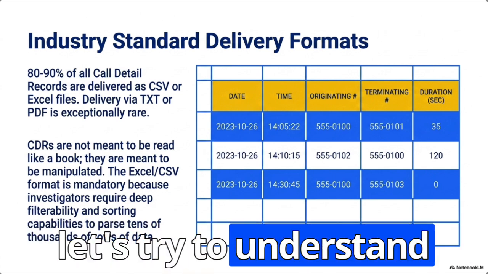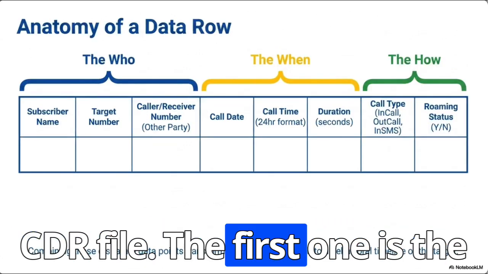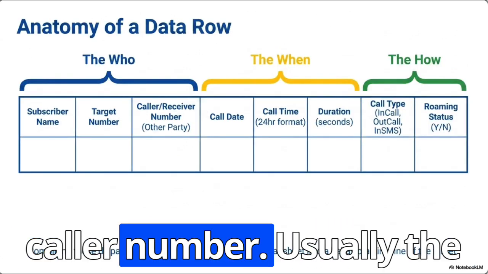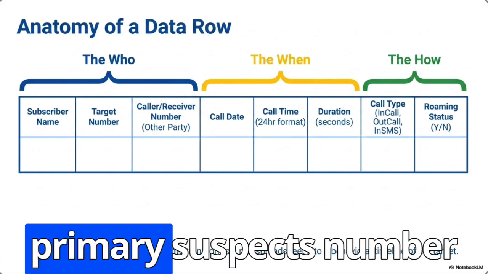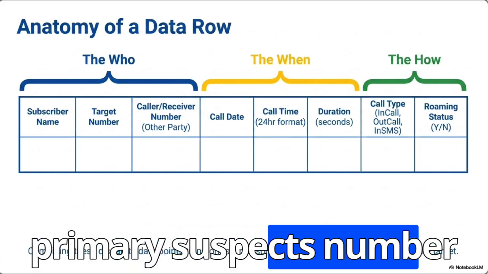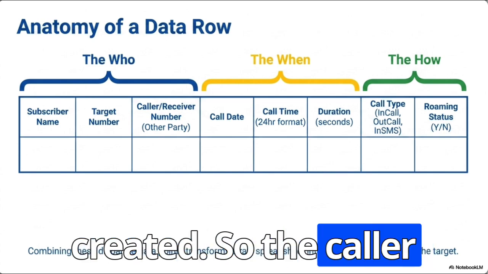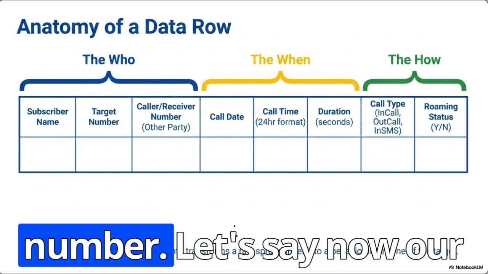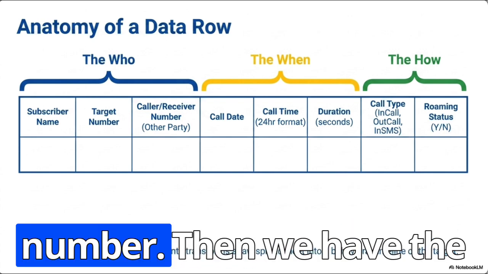Now let's try to understand what is actually inside a CDR file. The first one is the caller number. Usually the caller number is the primary suspect's number whose CDR file has been created. So the caller number is the main number. Let's say in our example, Urvashi's number will be the caller number.